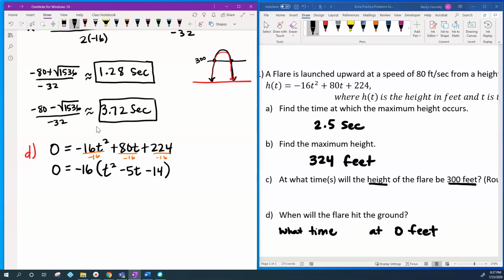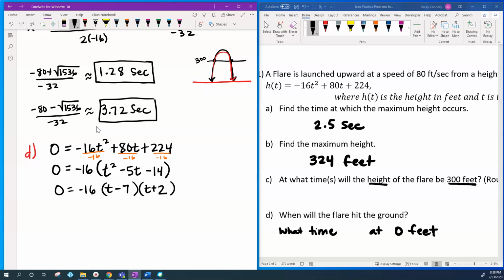Okay. Look at how easy this one is to factor. This factors to be t times t is our t squared. What times what is negative 14 and adds to be negative 5? Well, I know 7 and 2. 7 must be negative, 2 must be positive, in order for us to end up with a negative 5t in the middle.